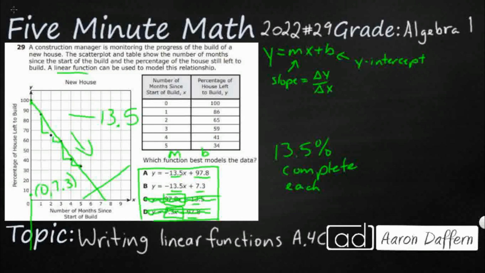And so we have all of this right here. We don't even necessarily need it. We could, if we wanted to, plot some of the points, but we don't really need those because once we eliminate C and D, because their y-intercepts are just ridiculous, and quite honestly, B doesn't make much sense either, there's really only one answer choice, and that is the correct answer, A, y equals negative 13.5x plus 97.8.